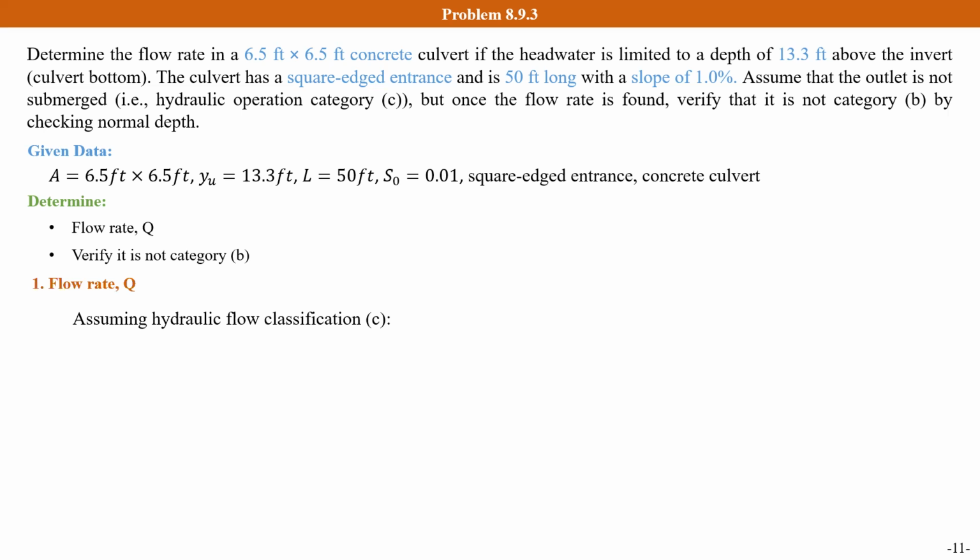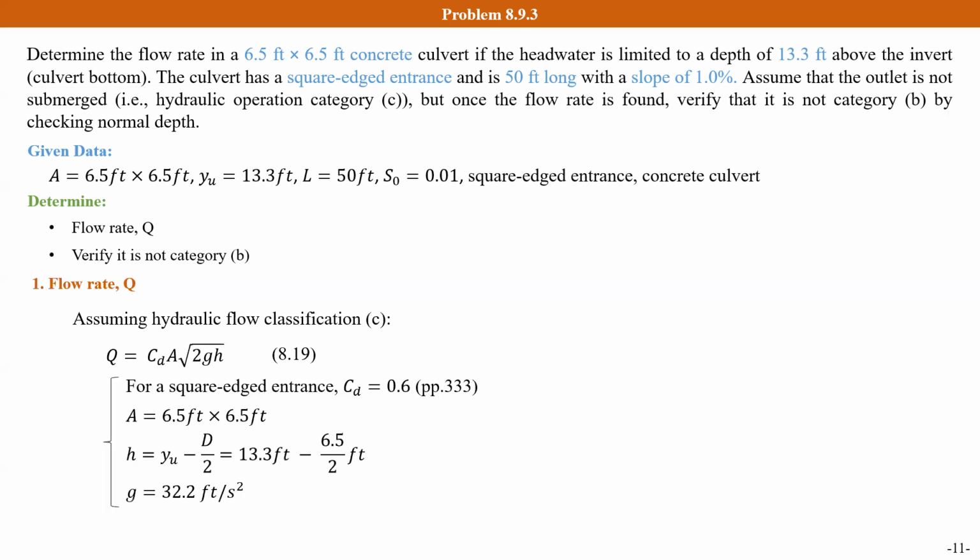Based on the description of the problem, we can assume that the flow is in category C. So based on this assumption, we can use equation 8.19 to calculate the flow rate. In this equation, because it is a square-edged entrance, we can find the value of the coefficient of discharge. It equals 0.6, and the area of the culvert is given.